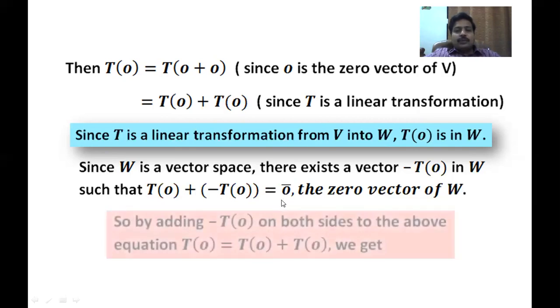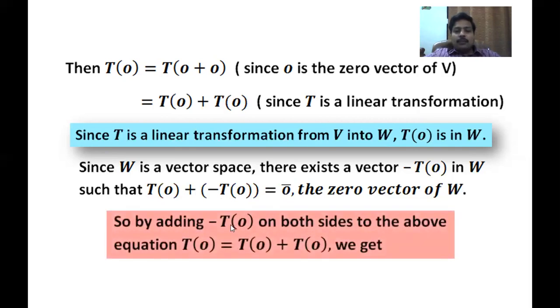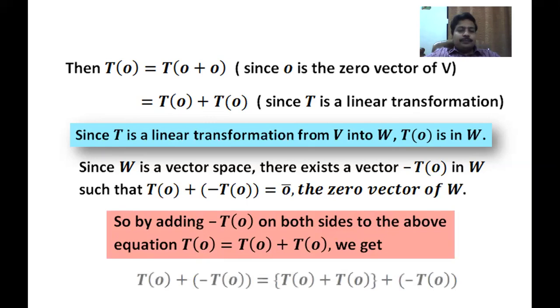So by adding minus T of O on both sides to the above equation, T of O is equal to T of O plus T of O, we get, I'm adding minus T of O on both sides.